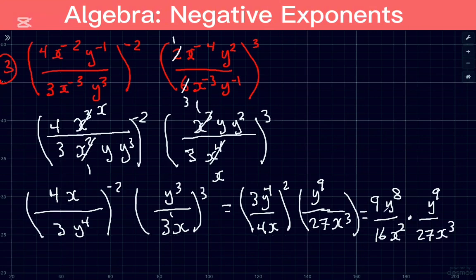Now when you multiply, we could reduce the fraction. 9 goes into itself once, it goes into 27 three times, and therefore my final answer would be y to the 17 all over 3 times 16 is 48, and x to the 2 times x to the 3 is x to the 5. So we have y to the 17 over 48x to the 5. So y to the 17 is on top, and on the bottom is 48x to the 5. And that's the final answer.